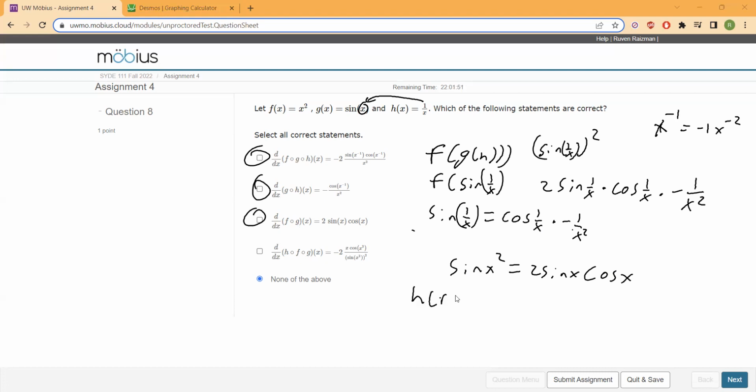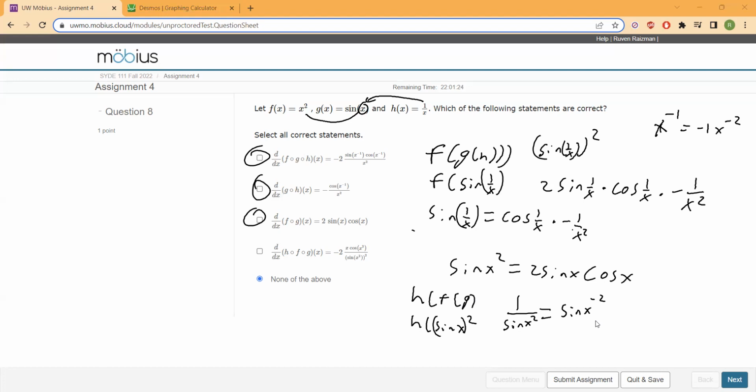And then we have h of f of g. If we put g into f, we get sine x squared. Then h of that is going to be 1 over sine of x squared. Another way to make it simpler is to write it as sine of x to the power of negative 2.